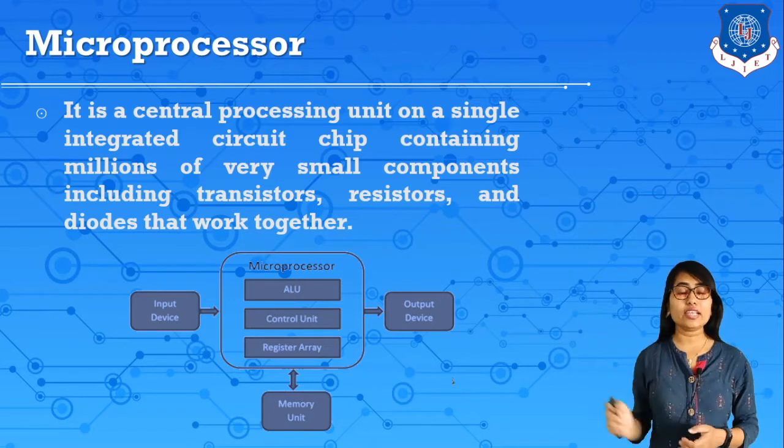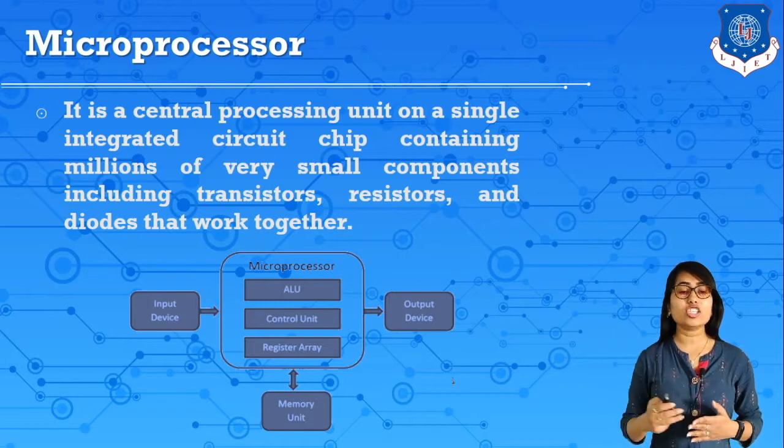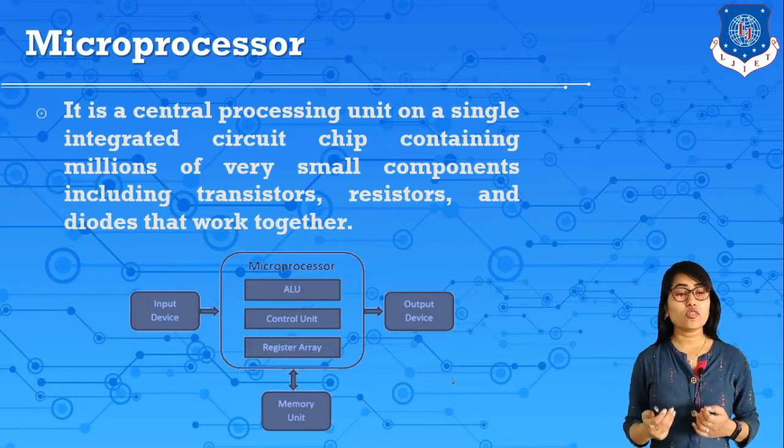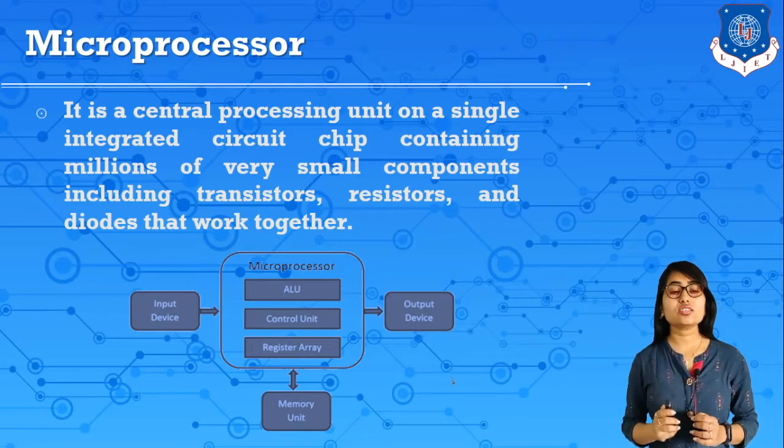This ALU is basically used to perform a variety of arithmetic and logic operations. This control unit basically controls the flow of data and controls the various operations provided in the arithmetic logic unit. This register array is basically used to store data which are processed.